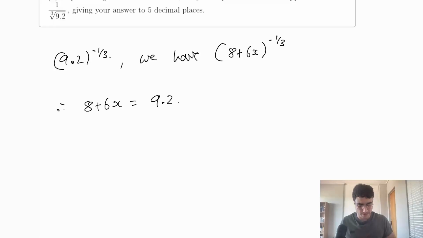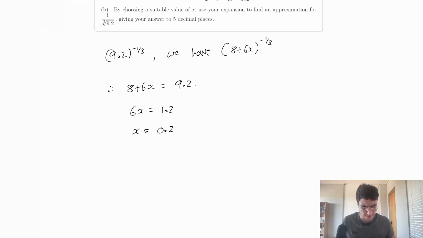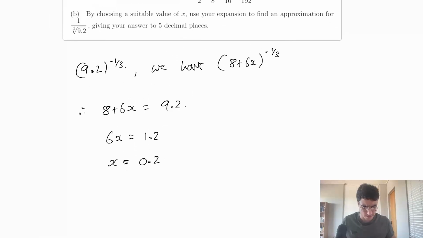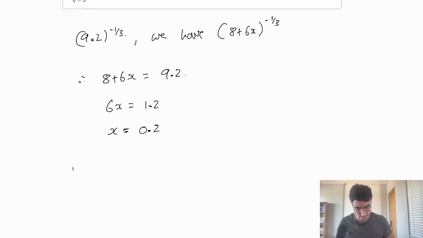Brilliant. And that means as a result that 6x is going to equal 1.2. So we have x equaling 0.2 here. Fantastic. So x equals 0.2.